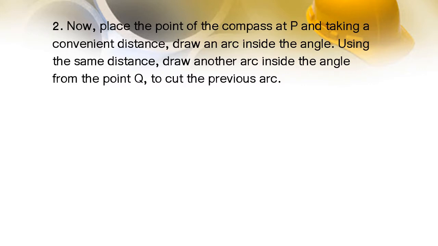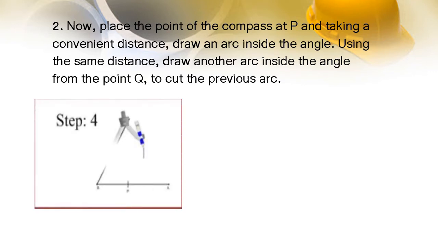Next, now place the point of the compass at P and taking a convenient distance, draw an arc inside the angle. Next step ला काय करायचंय बघा आपल्याला. Now place the point of this compass at point P. We got one intersecting point on ray OB, right?